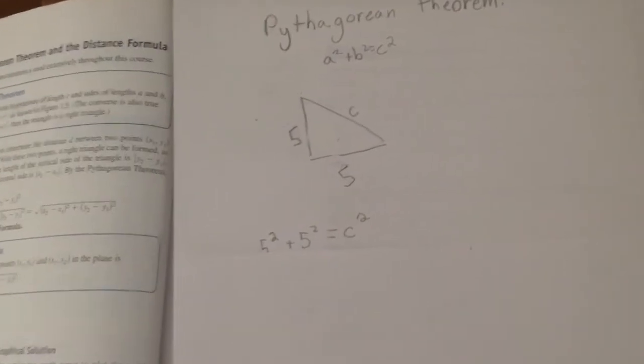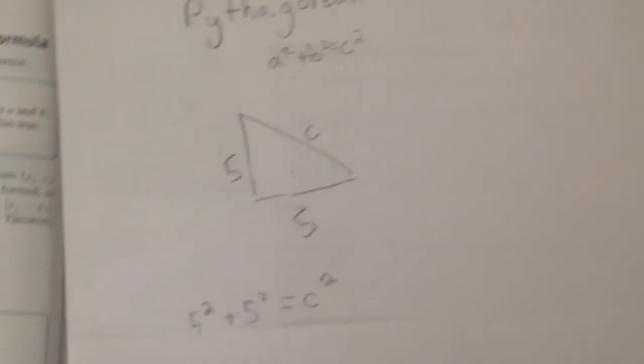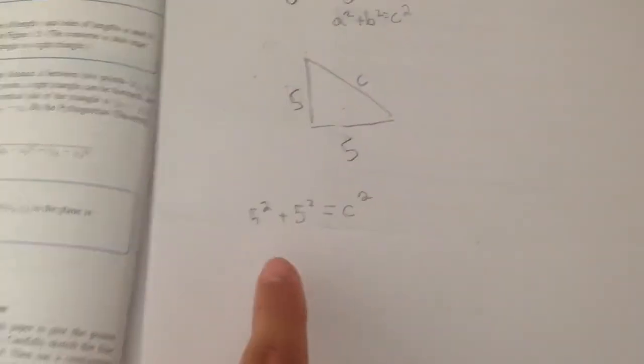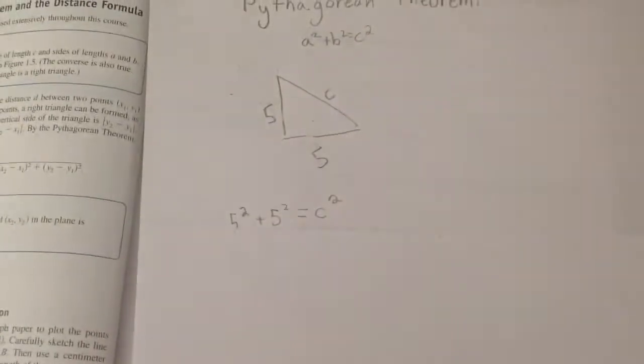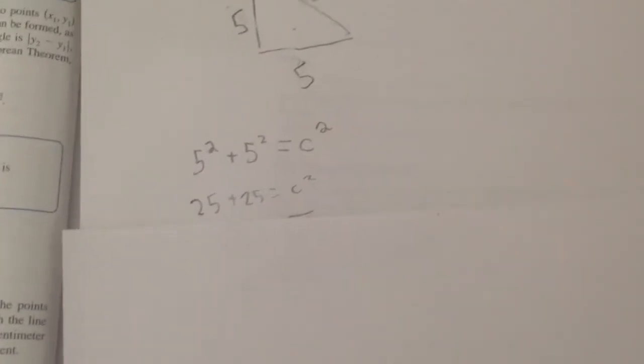Okay, so let's start off by squaring 5 twice, because a squared plus b squared equals c squared. So 5 squared plus 5 squared equals c squared. Correct? Now we will add both of the 5 squareds, which is 25 and 25, and that would all equal c squared still.